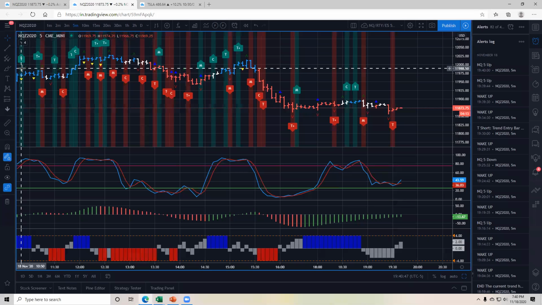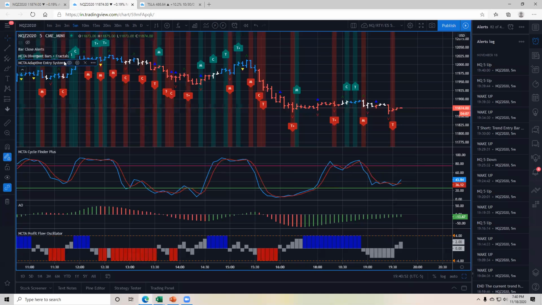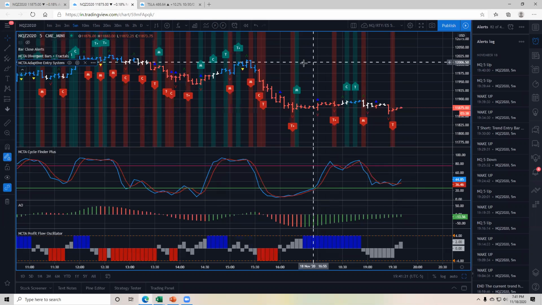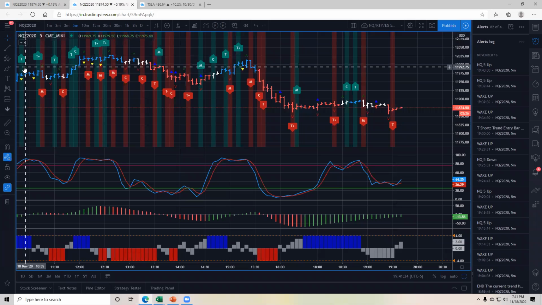If you don't see that and you see this little downward facing arrow, click that, click the settings next to adaptive entry system, and then it pulls up your inputs. So you need to have display trend entries. I can also send you the link that New Cycle Trading just started sending out, this web page that gives you pictures for the settings too, of how to access those settings and what each setting means.